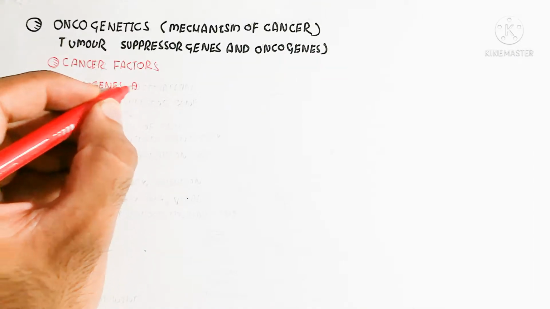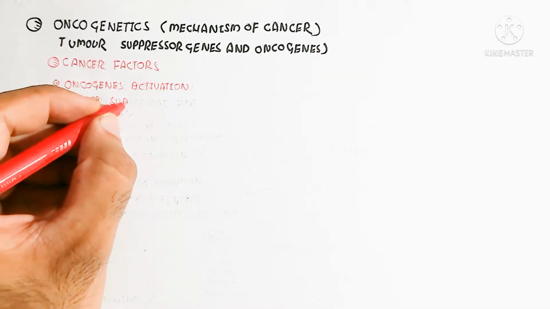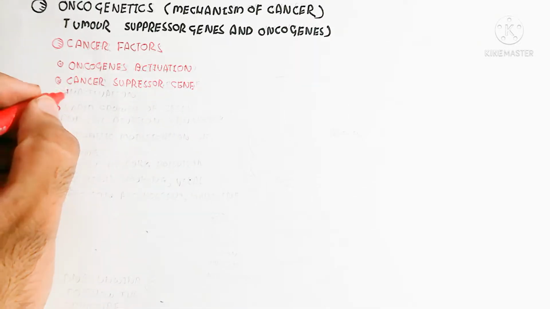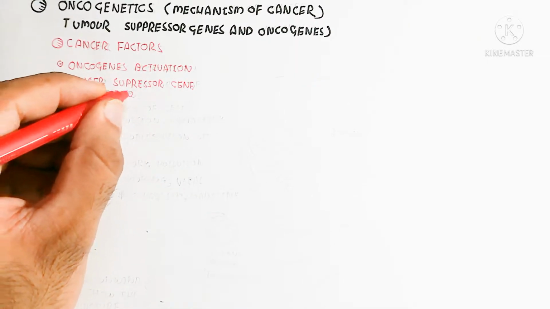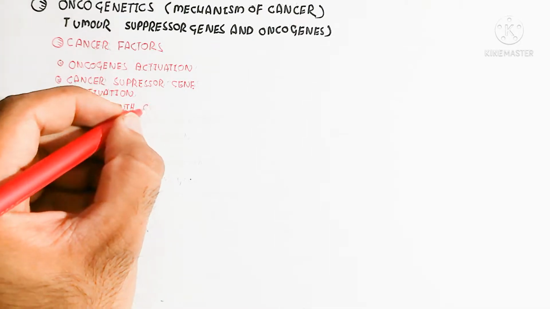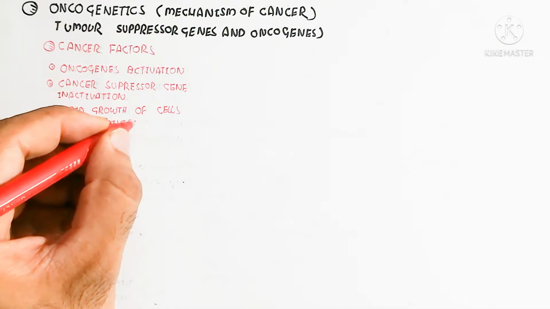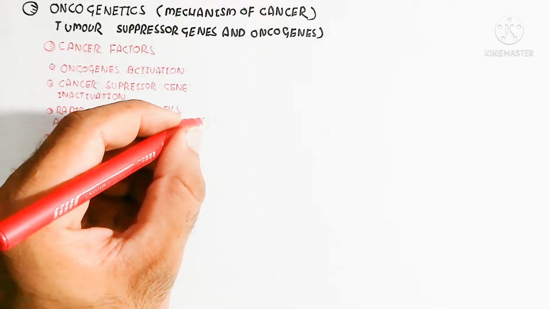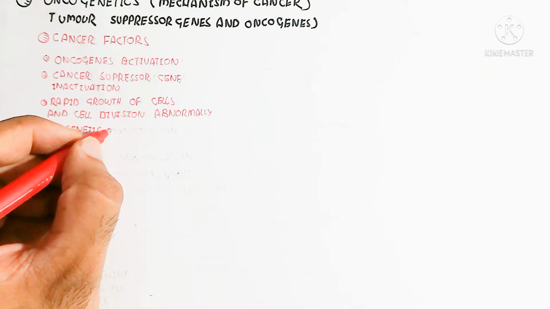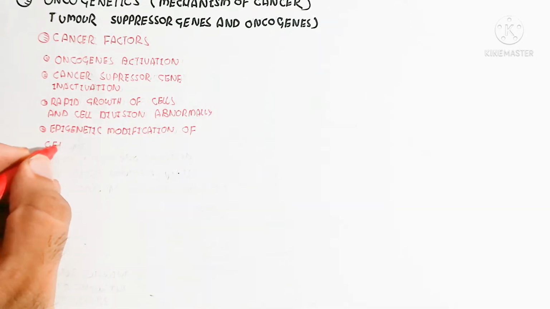The cancer factors we will discuss first are oncogene activation and tumor suppressor gene inactivation. The tumor suppressor gene controls the oncogene and inactivates the product of the oncogene, so remember that. Other causes include rapid growth and abnormal division of cells, epigenetic modification of the genome without alteration of the DNA sequence, family history, pollution and diet, smoking, viral infection, alcoholism and medicine.